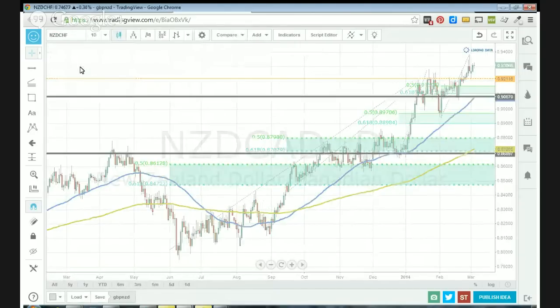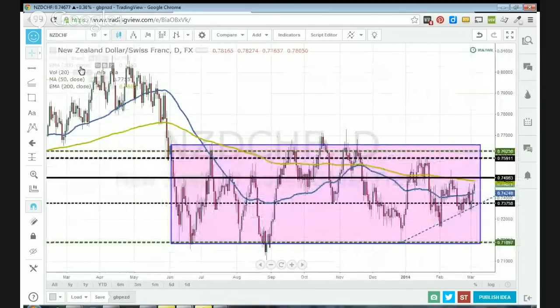Kiwi Swiss. Yeah, and I'm trading this. It's very similar to the Euro Swiss or Euro Kiwi pair trade I have on. I don't have the order on, which is 50 pips away from being filled. But this is basically the inverse of that. Euro Kiwi, I'm set to go long. Here I thought about going short at 75, this black line right here. We have a 200 exponential moving average there.